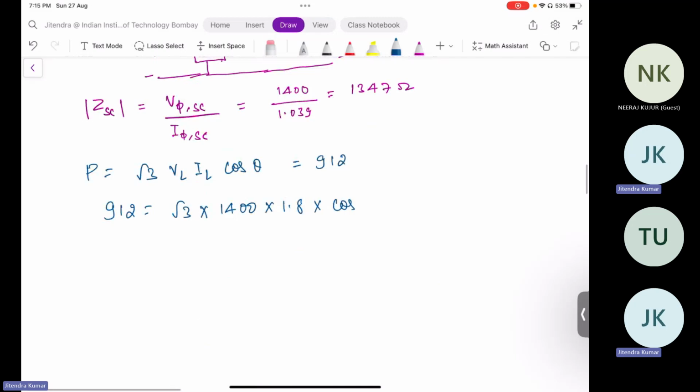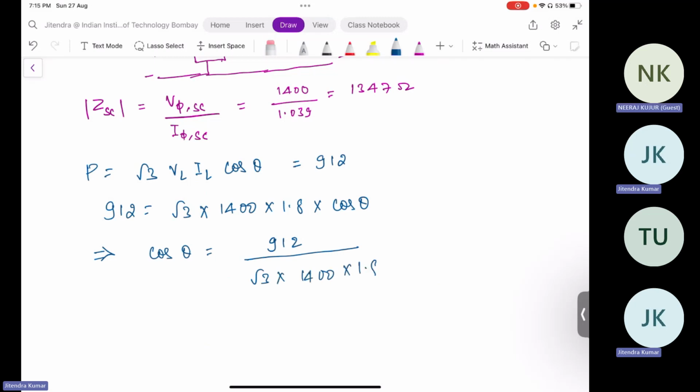So now cos theta will be 912 divided by root 3 into 1400. How much is it coming?